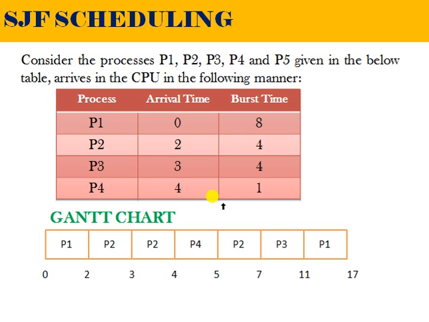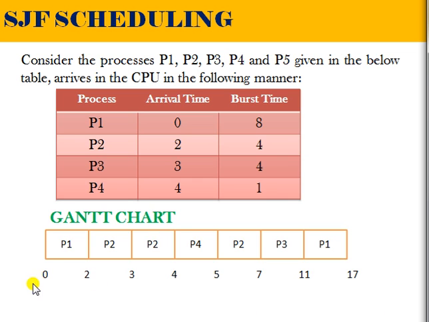In the example, P1 arrives at 0, P2 arrives at 2 units, P3 arrives at 3 units, and finally P4 arrives at 4 units. Now the Gantt chart is prepared according to the arrival and burst times given.